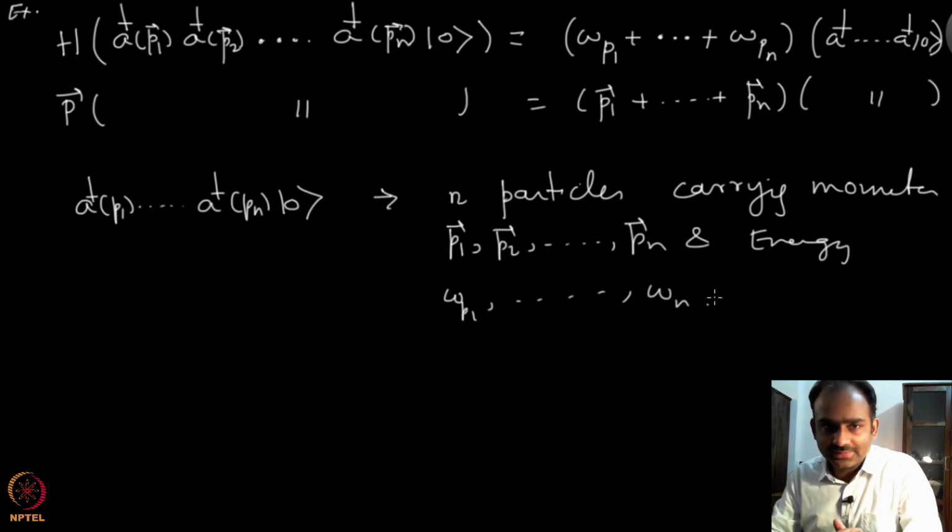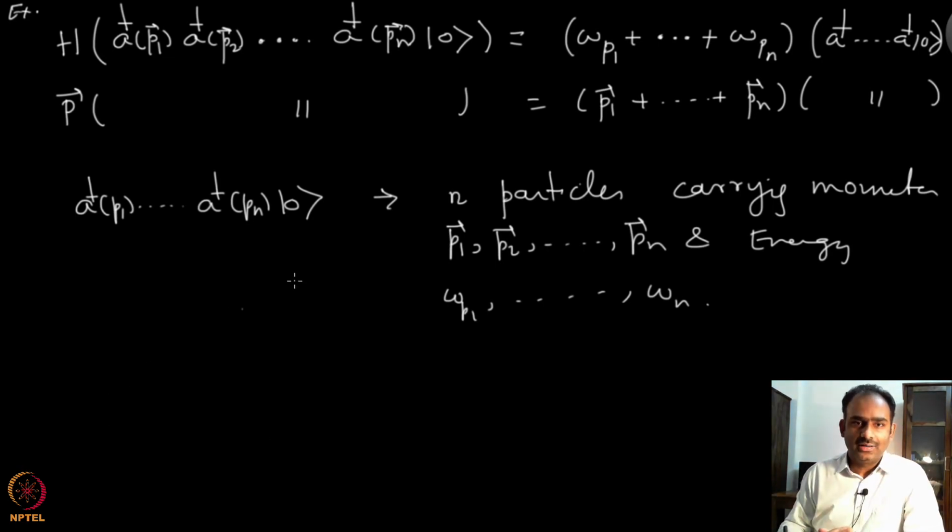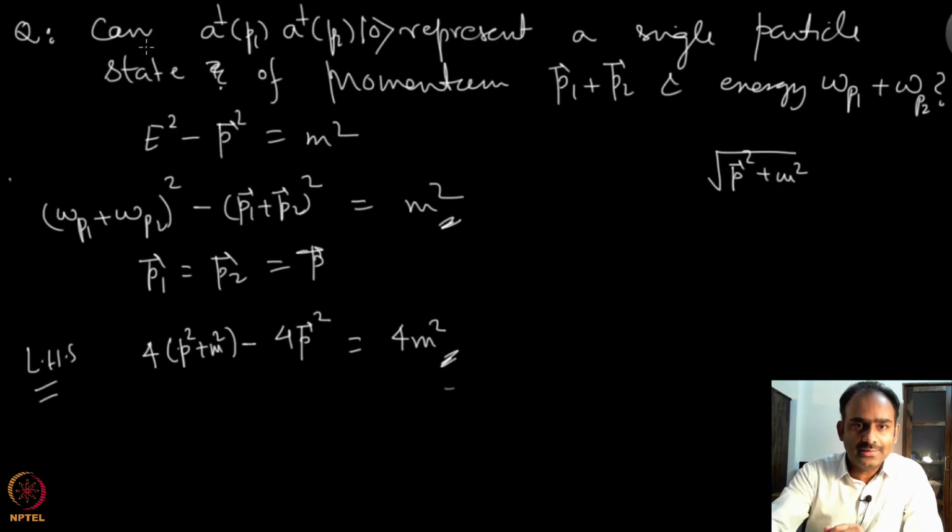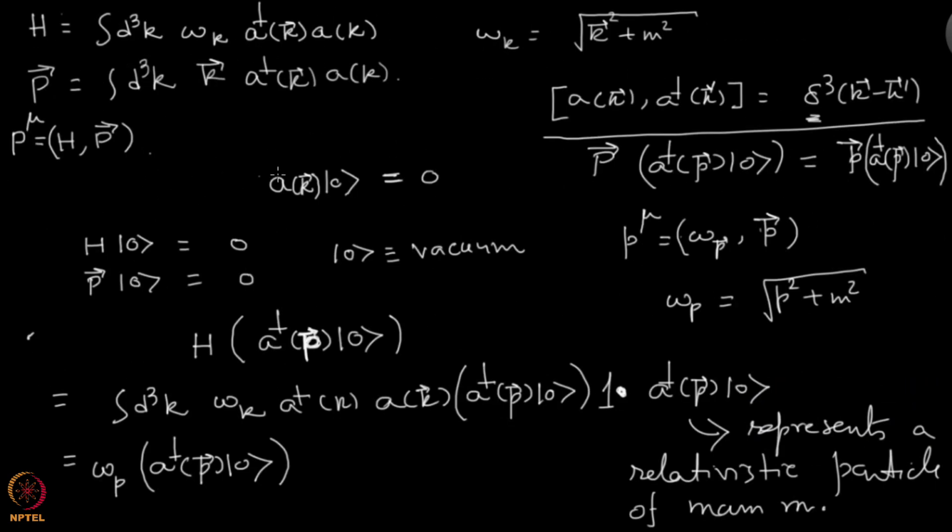seen now particles in this theory, and you saw that the H and the P operators, they are just giving you these factors. Okay. So, if instead of having omega k in here, if you just put 1 here instead of omega k, then in this algebra here you would not have got omega p, you would have got just 1.